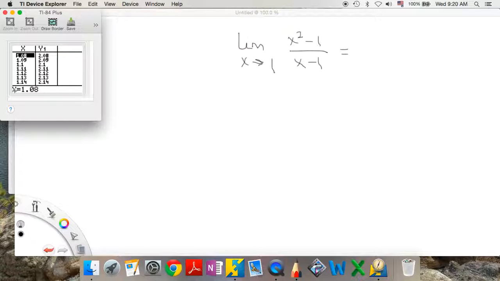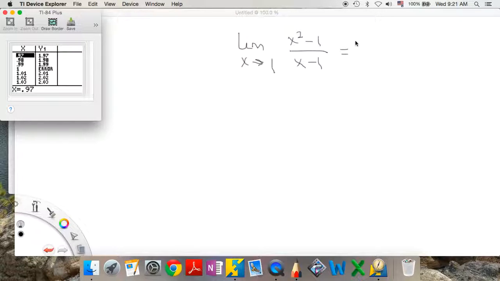So when we get here, let's look at this x equals 1. As we're getting closer and closer to x equals 1, our y value is getting closer and closer to 2. And here we're getting closer and closer to 1, and again our y value is getting closer and closer to 2.